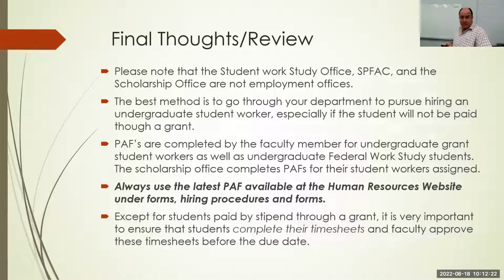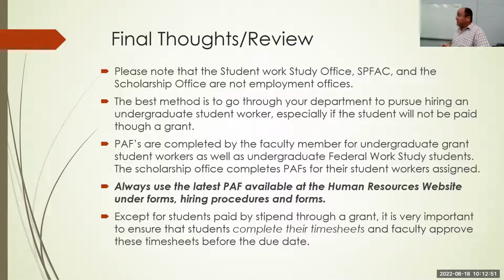PAFs, again, are completed by faculty members for undergraduate student workers, as well as for the federal work study students. We've already touched on what the scholarship office does with PAFs, that they handle that paperwork. Again, always use the latest PAF available at the Human Resources website. Pay special attention. There are some people who will send the PAF back to you. If you don't put last name, first name, if you put the first name first, they're going to send it back.